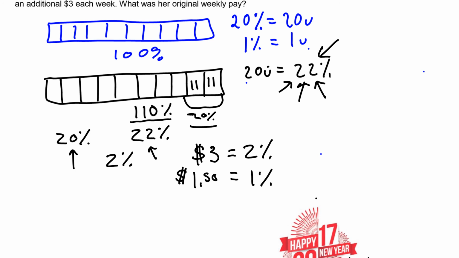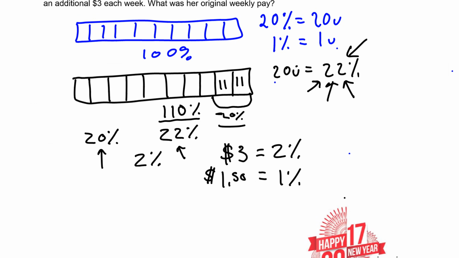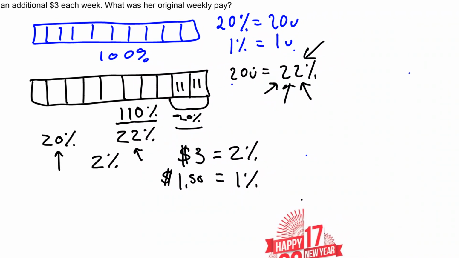Now from here, I think we can go back and find out what her original weekly pay was. If we know that 1% is worth $1.50, we can then take 100% and figure out what that is going to be worth.